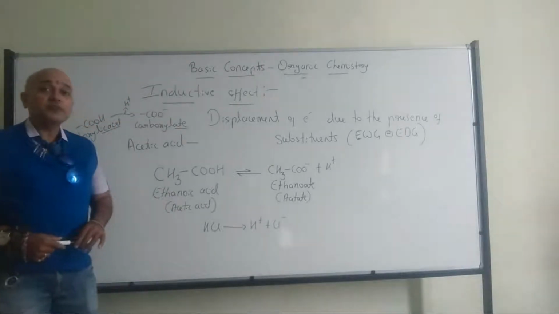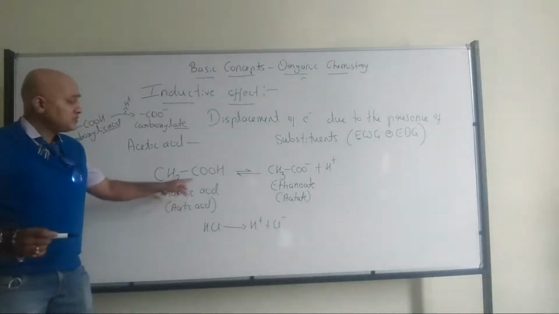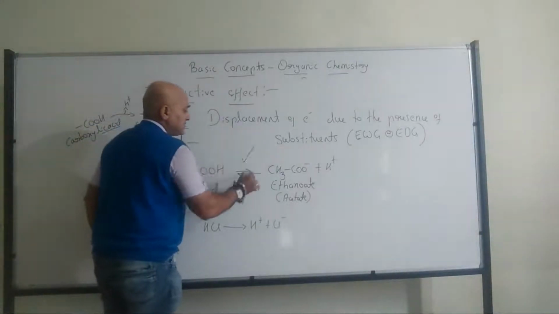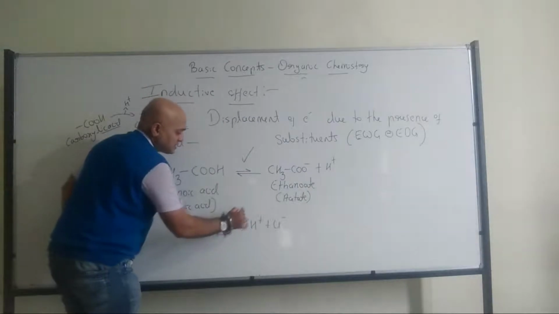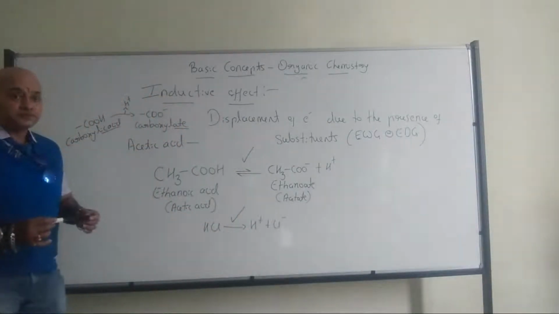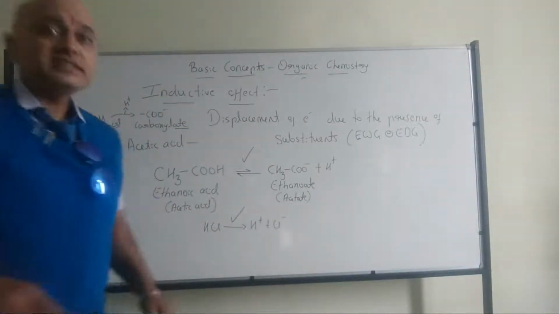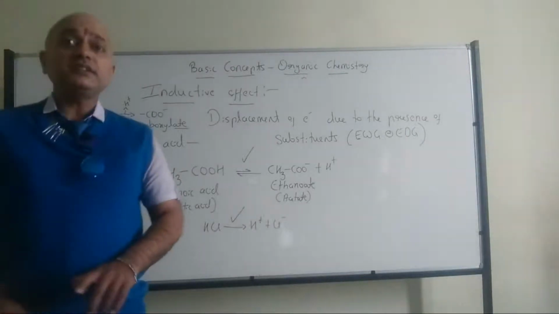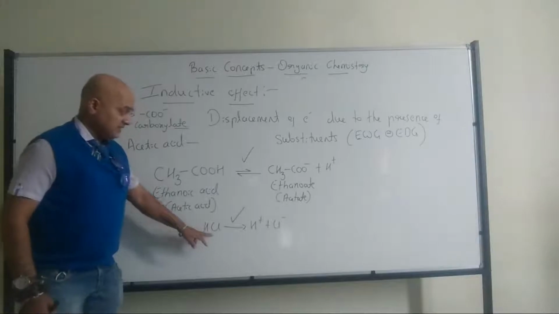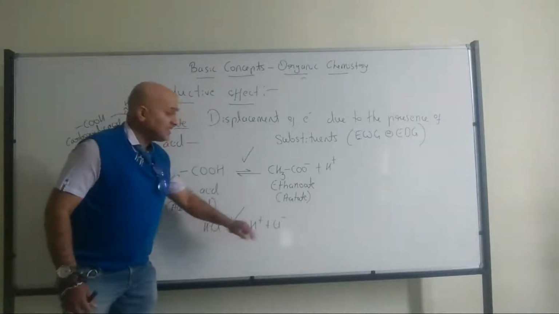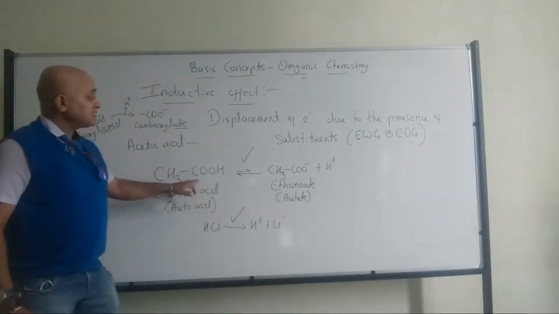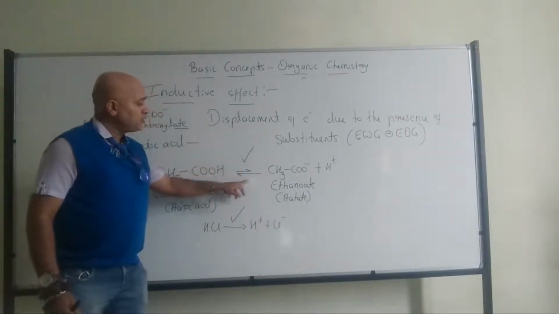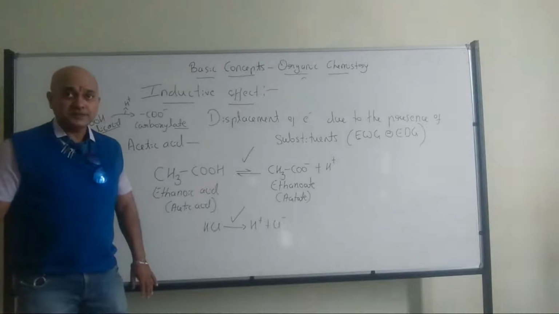So what we can observe here is, when it comes to acetic acid, for its dissociation you can see the arrow, and when it comes to HCl, you can observe the arrow. So that's what we can see as the difference. Yes, Shashank, very good. In case of HCl, it is in one direction, but in case of acetic acid, slightly it will be in one direction, but more towards the other direction.